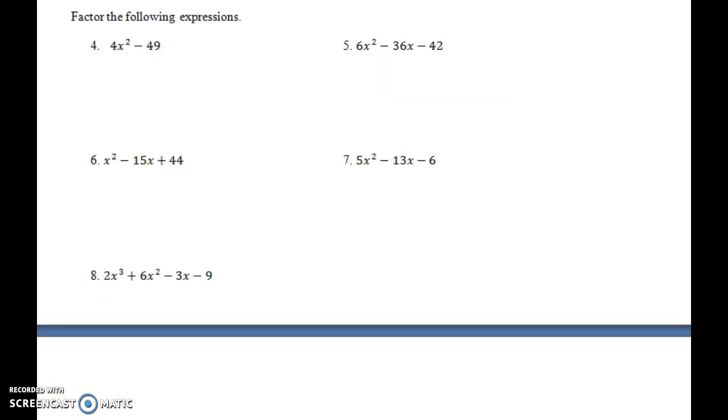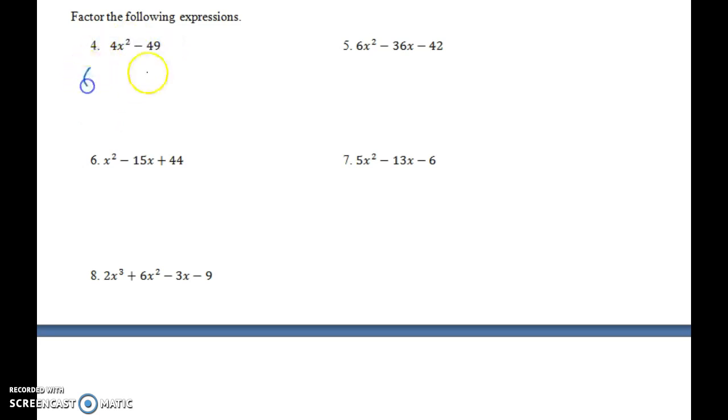The next sections in this chapter that we did were factoring sections. So here are just 5 examples of factoring. If you look at question number 1, you want to look first for a greatest common factor between 4x squared and 49, and I don't see any greatest common factors.